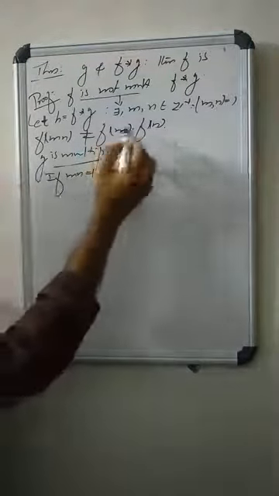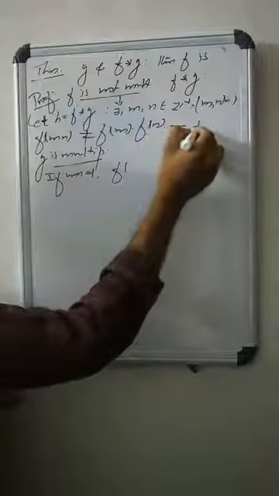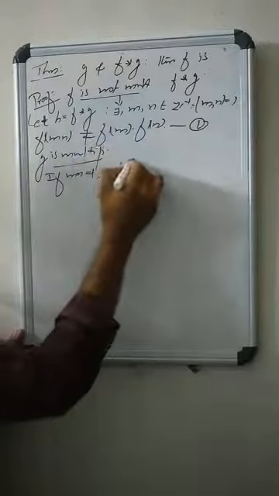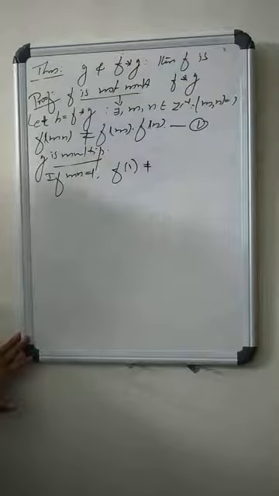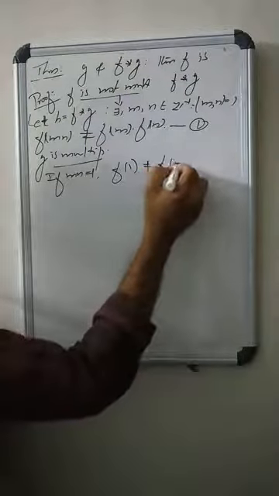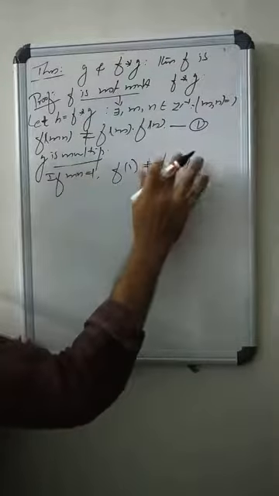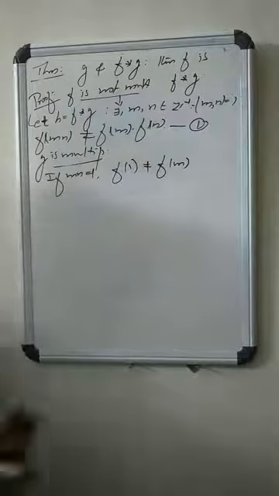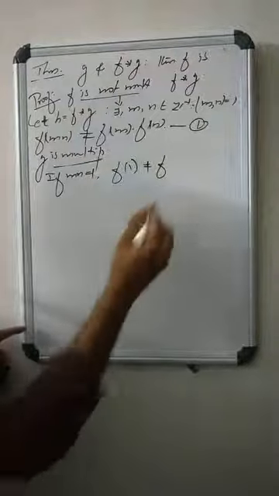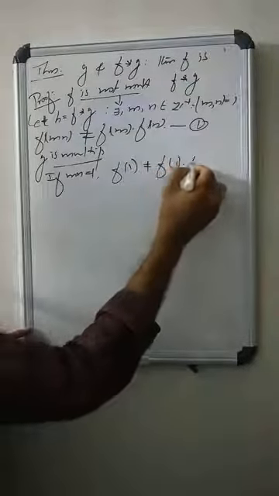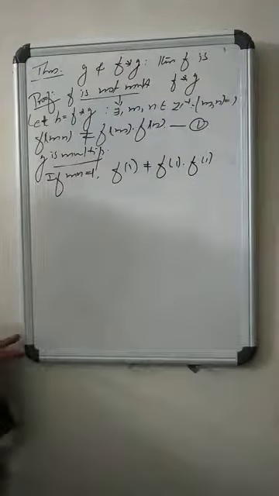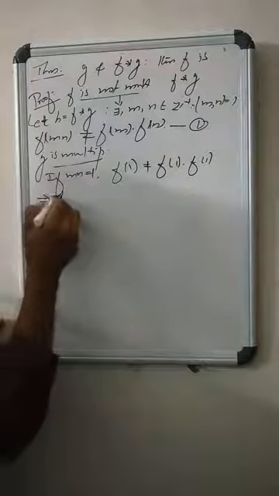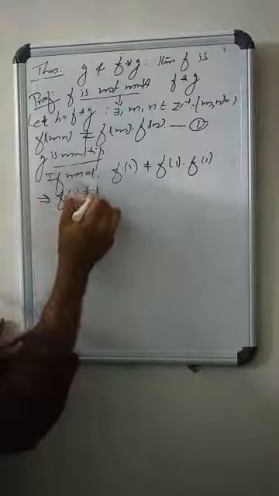Since f of mn differs from f of m times f of n, and m and n are positive integers, when mn equals 1 the only possibility is m equals 1 and n equals 1. So f of 1 differs from f of 1 times f of 1. That means f of 1 differs from 1.